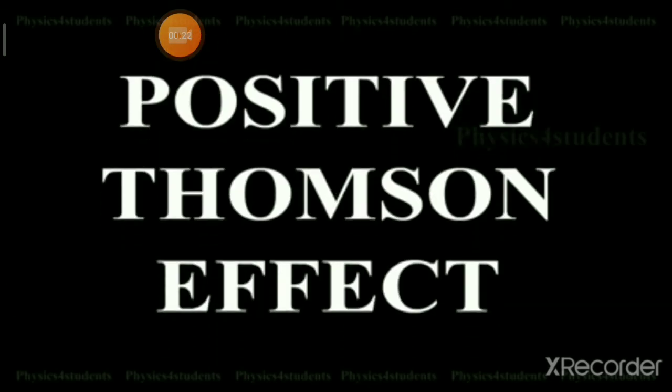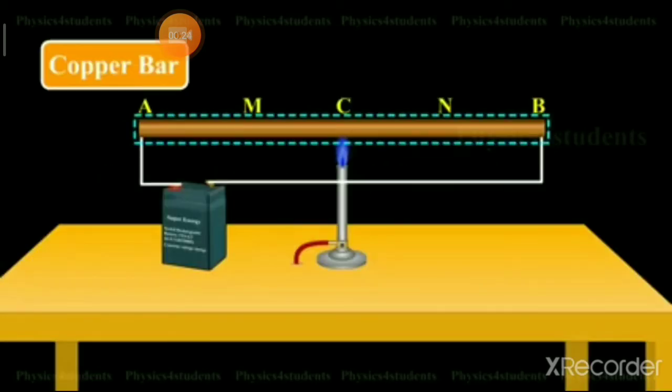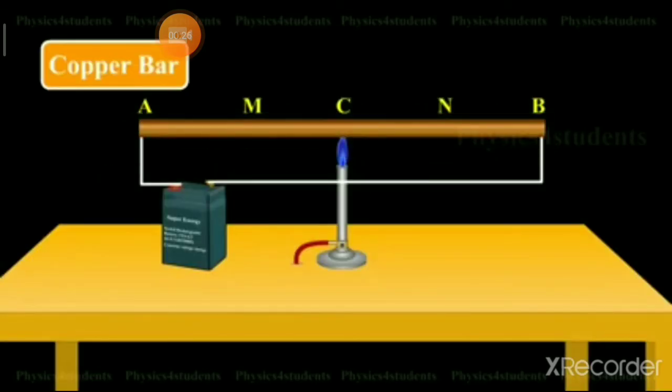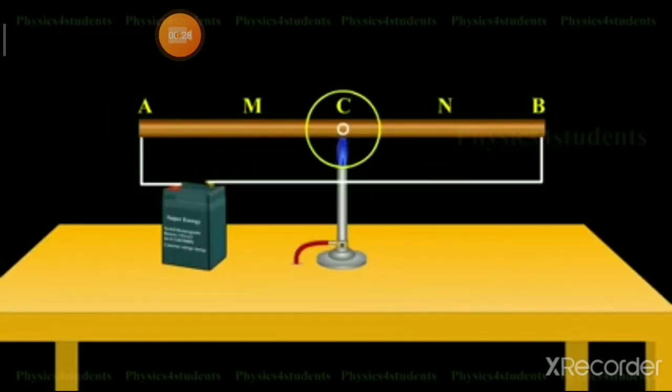Positive Thomson effect. The diagram shows a copper bar AB with C as the center point. Point C is heated, and the current flows from A to B. Here M and N are two points at the same distance from C and at the same temperature.